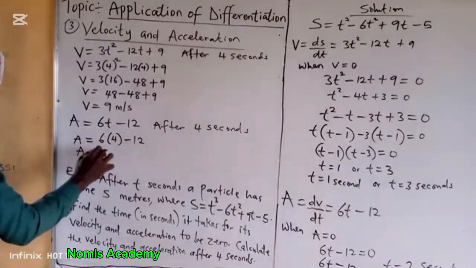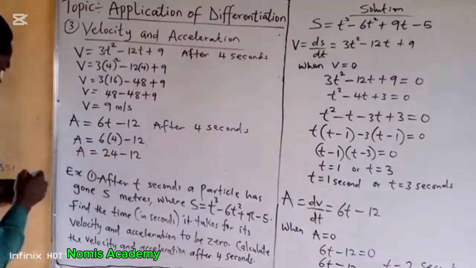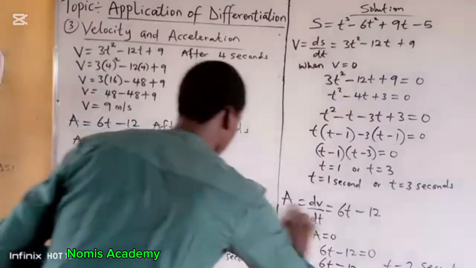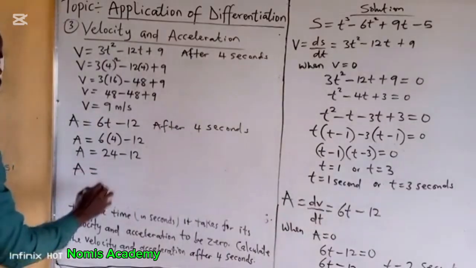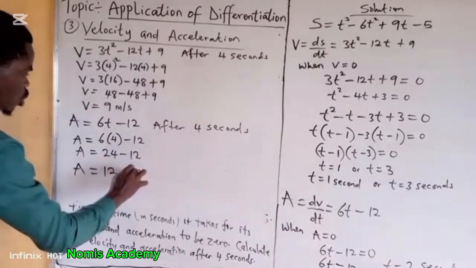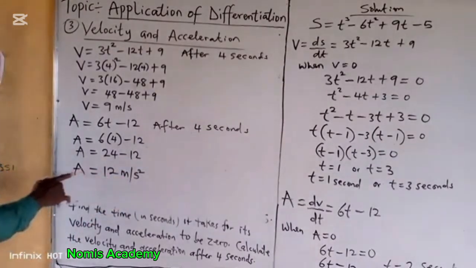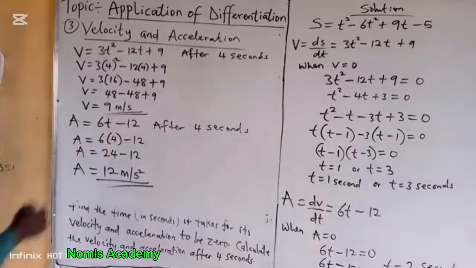So a equal to 24 minus 12, and then our solution, a equal to 12 meters per second squared. Meters per second squared is the unit of acceleration. So this is the solution of the problem.